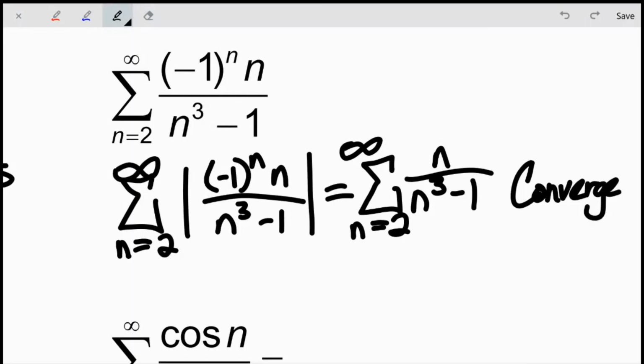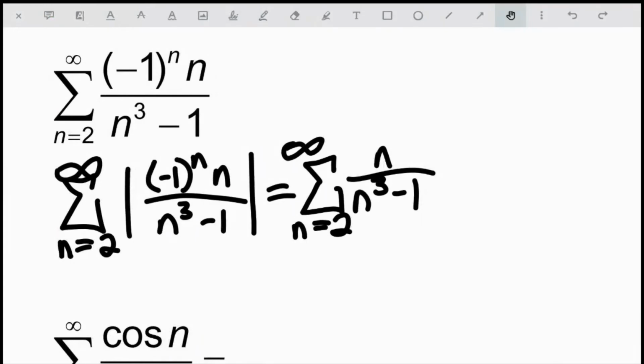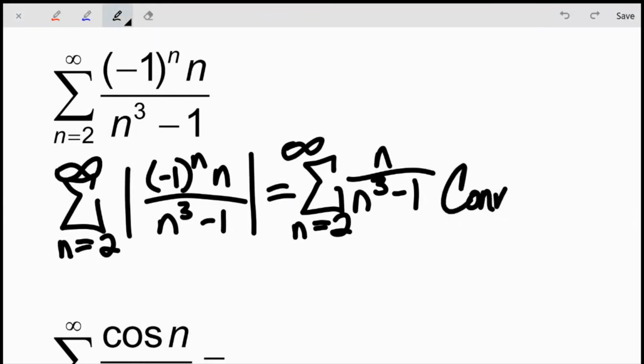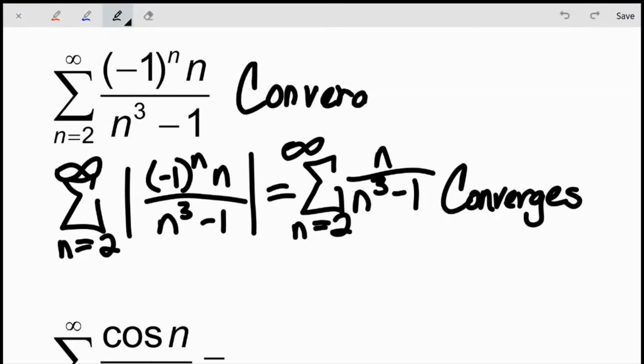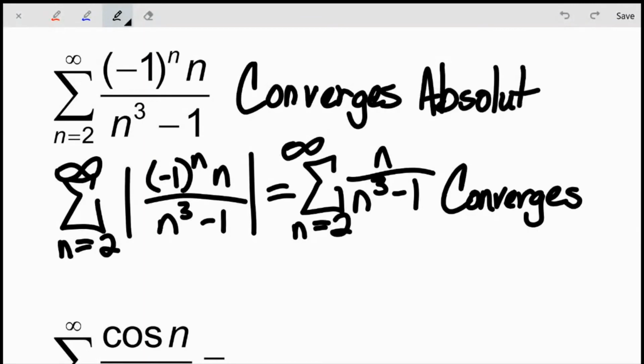So since we're looking at absolute convergence, the idea that this series converged in its absolute form, that means that it's also going to converge in its alternating form. Okay, so we can say this converges absolutely or it has absolute convergence.